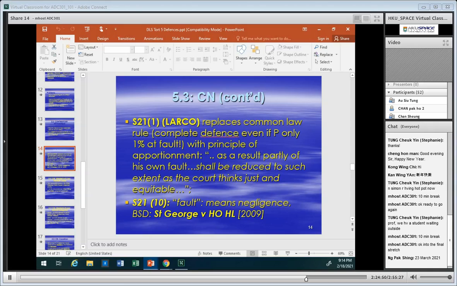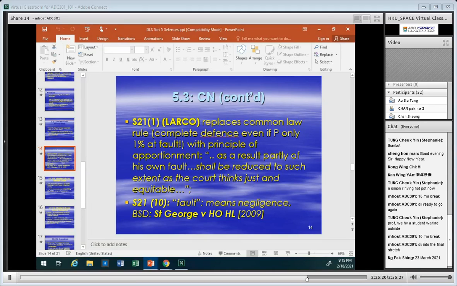And indeed, there are certain facts which may give rise to both negligence and also breach of statutory duty. From the top of my head, there is wording in the Employment Ordinance in Hong Kong which imposes some sort of duty on an employer, and you can claim breach of that statutory duty. Okay, anyway, section 21 of LACO, I can't emphasize strongly enough how important that is.